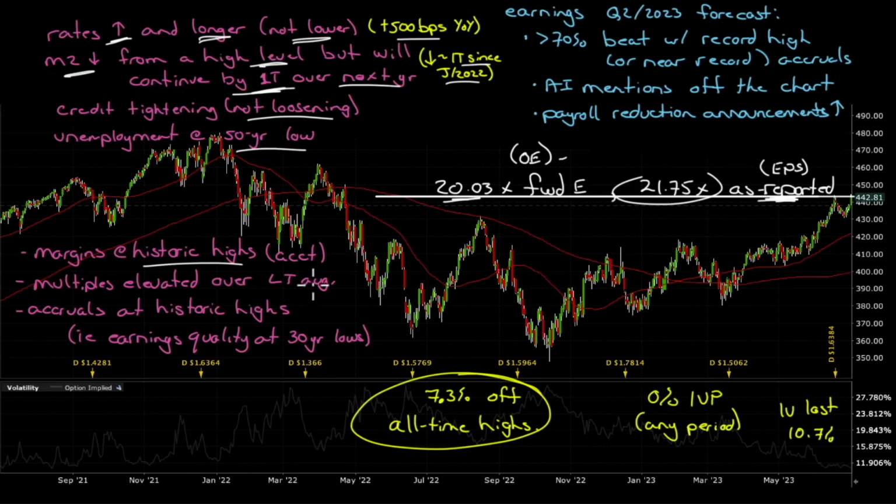Margins are at historic highs. Multiples are elevated over the long-term average. Look at this, 20.03. Accruals are at historic highs, meaning earnings quality, based on what UBS said, is at 30-year lows. Give me that backdrop and tell me how the market performed in history.